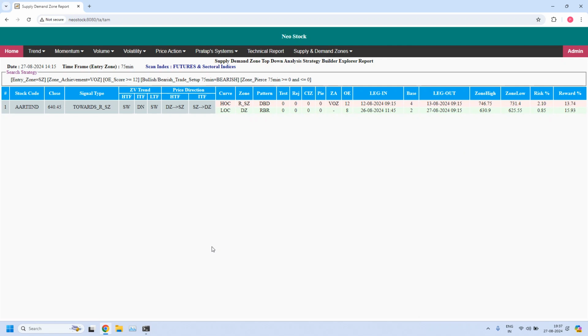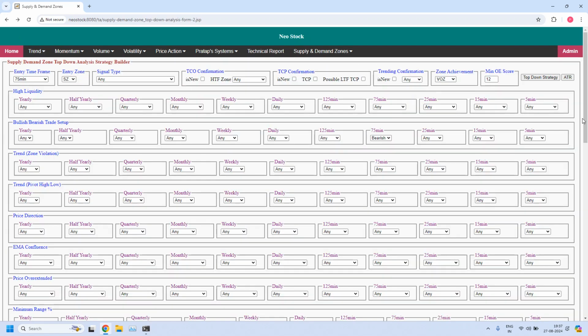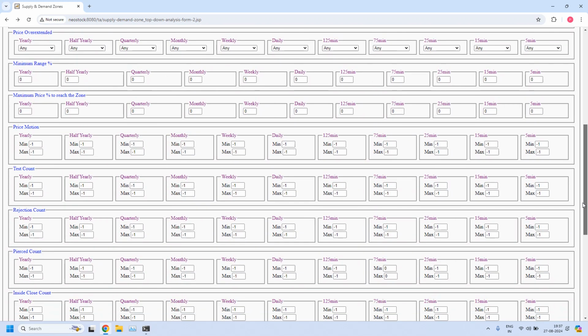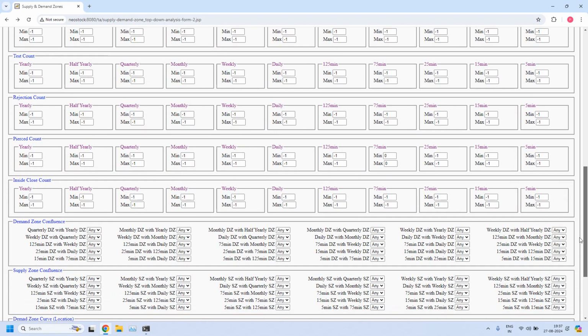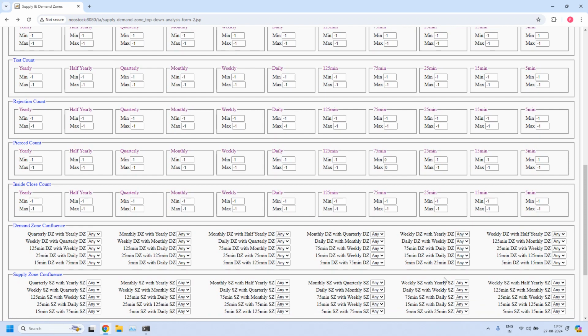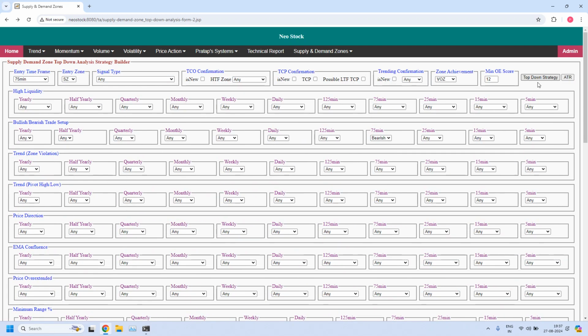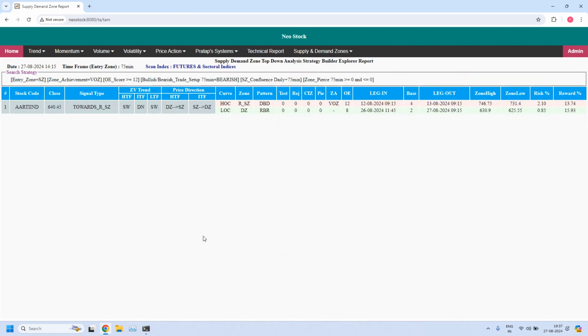Okay, now let's verify whether this zone is having any confluence with the ITF time frame. The supply zone confluence, entry time frame is 75, so 75 minutes and daily supply zone confluence is enabled. Okay, this stock is also supporting LTF and ITF confluence, that is 75 and daily confluence.